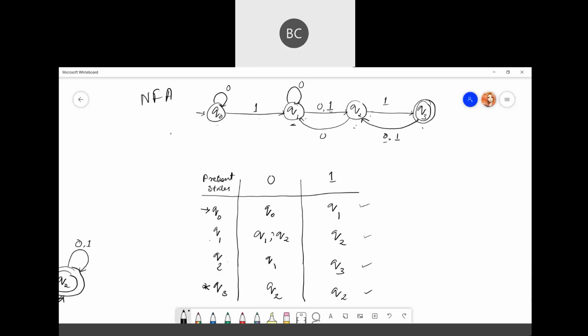Is this one clear? So questions can be in this way. Maybe a diagram is given, you have to make the table, or a table is given, you have to draw the diagram. Clear?